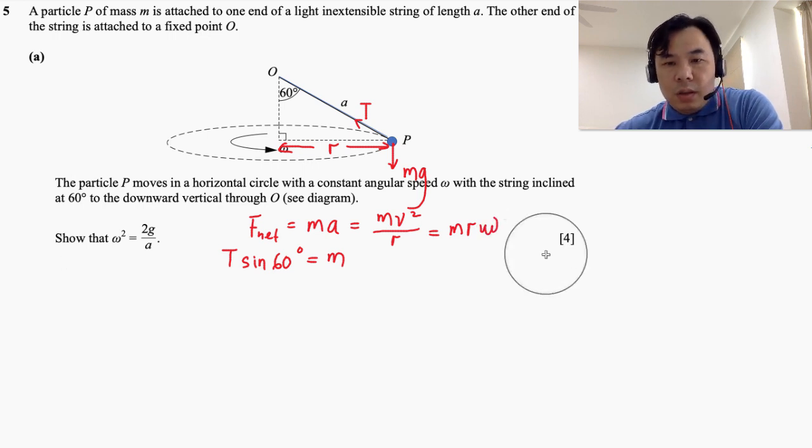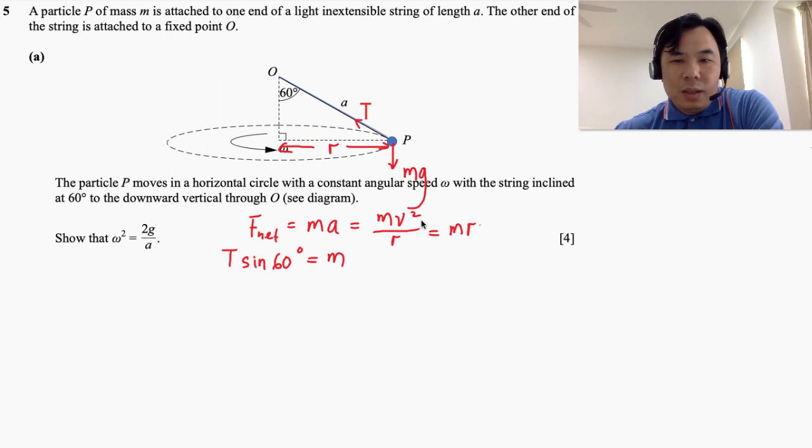Because we are trying to prove the angular velocity, we're going to use the second version. The r itself is the radius of the circle, which can be obtained using a bit of trigonometry, given by a sine 60 degrees. In exact form, that is root 3 over 2 a.